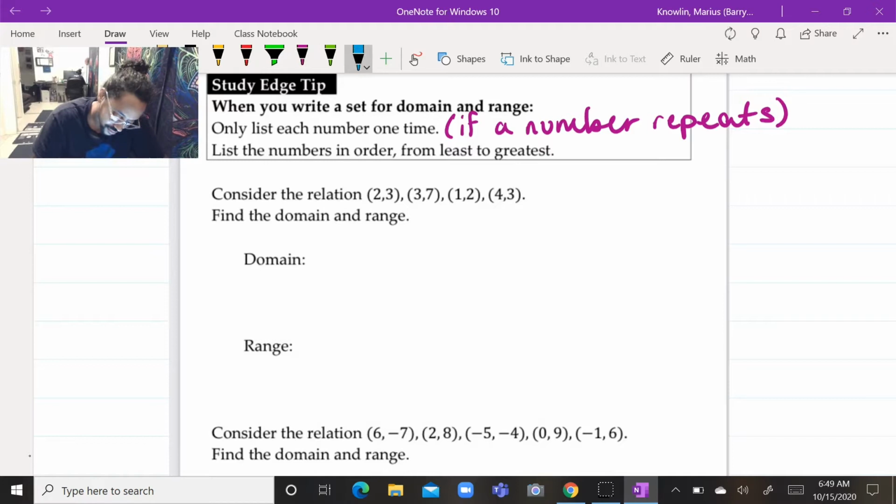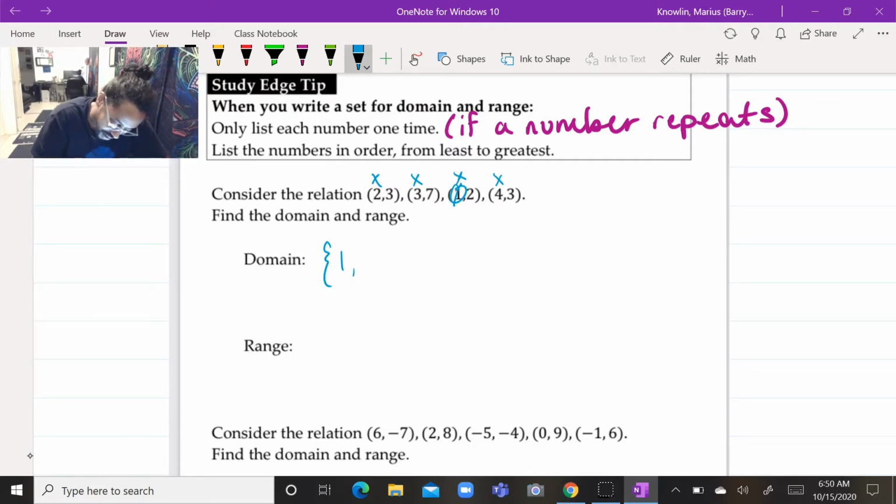So the domain would be all of our x values. That's really the first value in each ordered pair. And we want to list them in order from least to greatest. So the least, the smallest, the one furthest to the left, is going to be +1. Since I'm done with that, I'll circle it and cross it out.